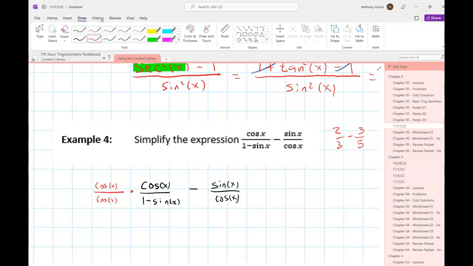Cosine x over cosine x. What do I need to multiply sine x over cosine x by to make that common denominator? Yes, 1 minus sine x over 1 minus sine x. Very good.